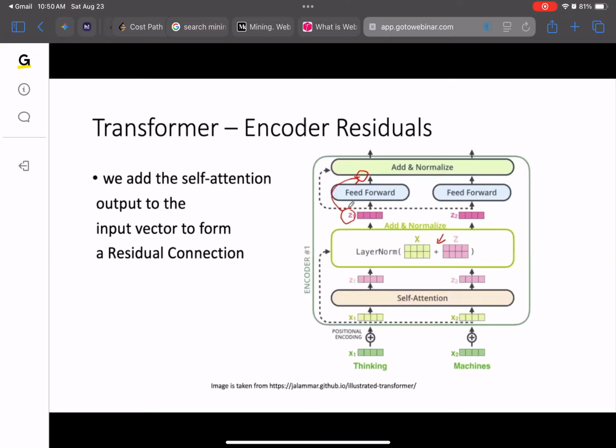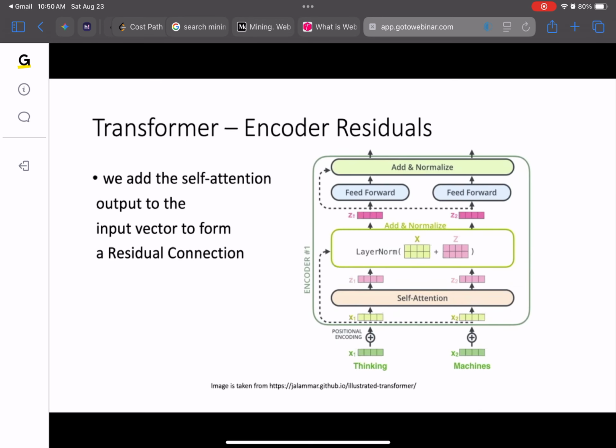Once this entire process completes, the output representations generated here are passed on to the next encoder block. This is the first encoder, and we have several such encoders stacked on top of each other. That completes the encoder part of the transformer model. The encoder helps in transforming the input words to contextual representations of those words.